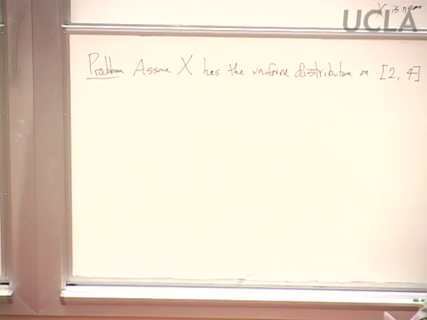That means that the density function is 0 outside this interval. There's no chance of getting a measurement outside the interval from 2 to 4. But it's constant. The uniform part of the uniform distribution means it's constant between 2 and 4. And what is that constant?